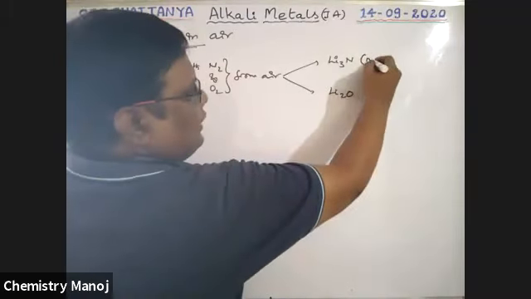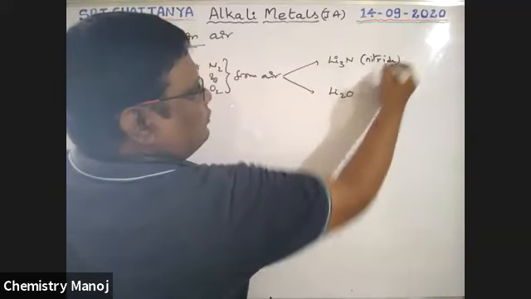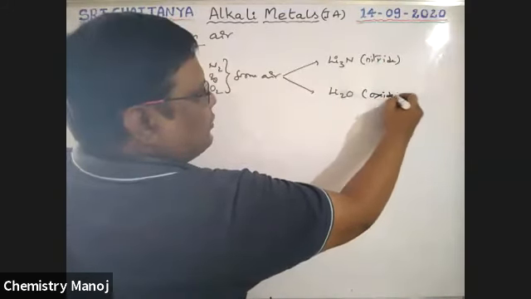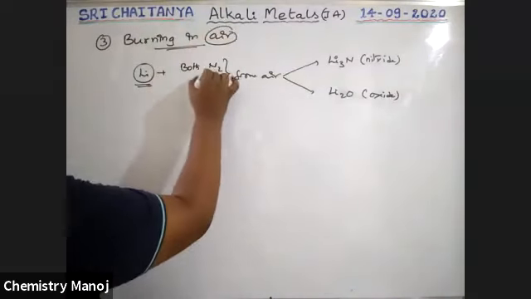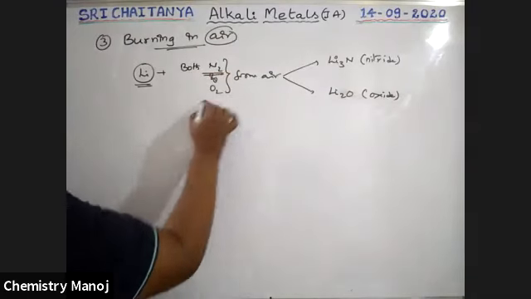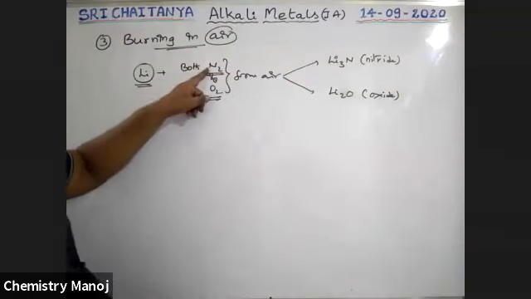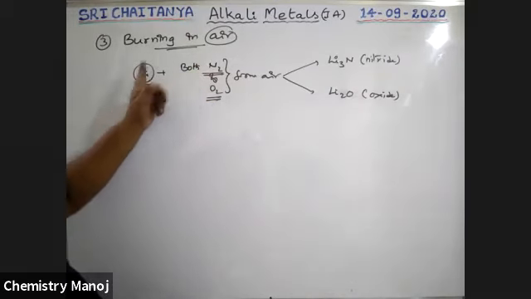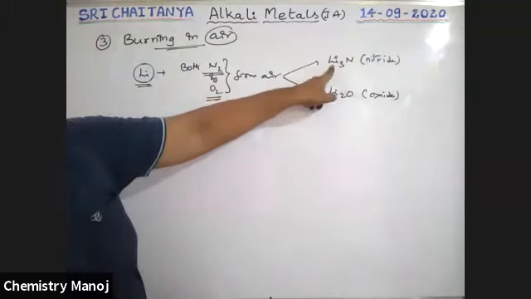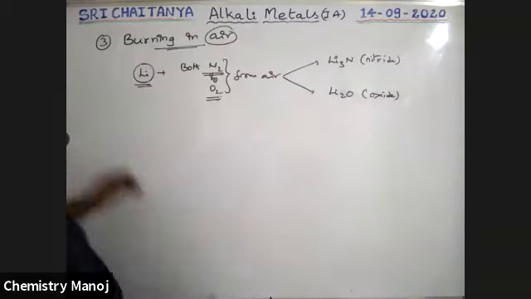It is the nitride, boys, and it is oxides. That means when lithium is burned in excess air, it reacts directly with oxygen and also with nitrogen. Lithium gives lithium nitride with nitrogen, and lithium oxide with oxygen. What are the reactions?